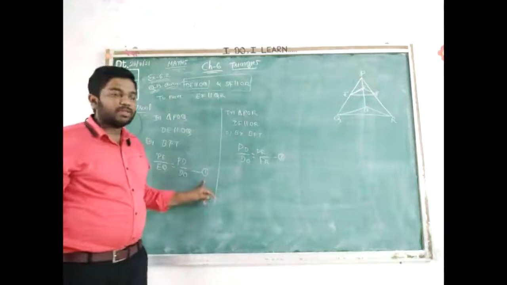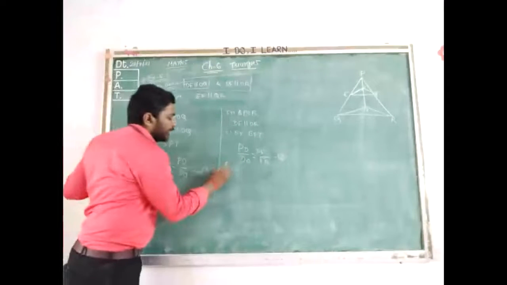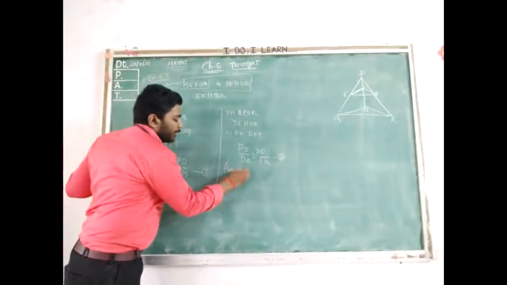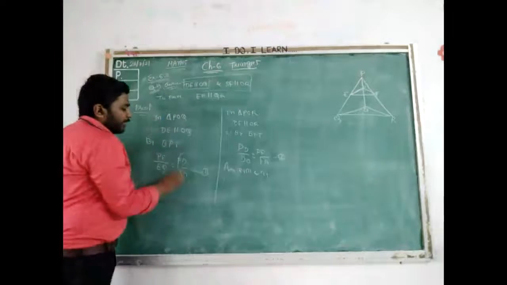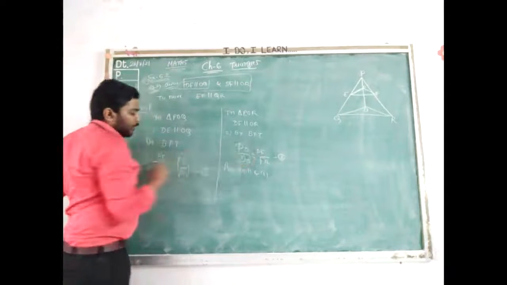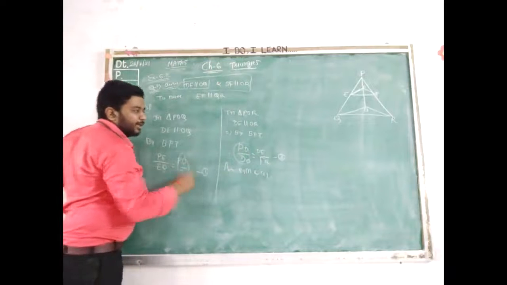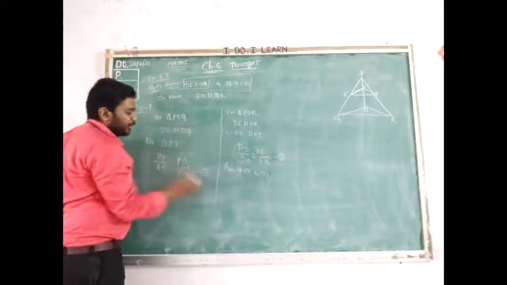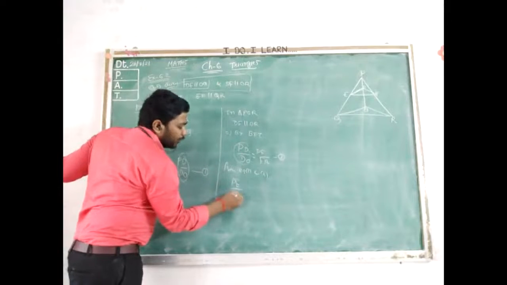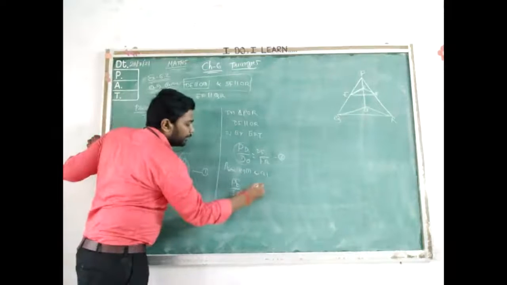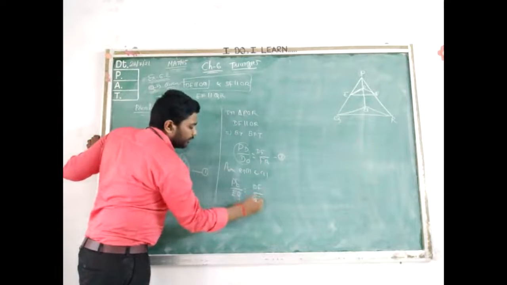So from equation 1 and 2, these two things are equal. One is equal to the same, second is equal to the third, then first and third are equal. So I can write PE upon EQ is equal to PF upon FR.